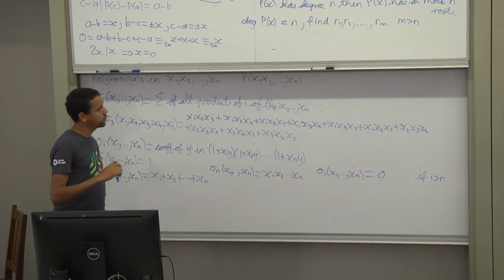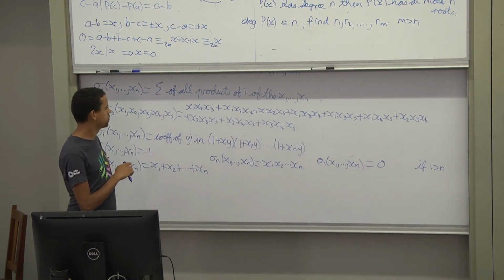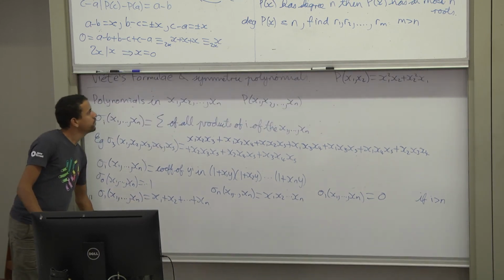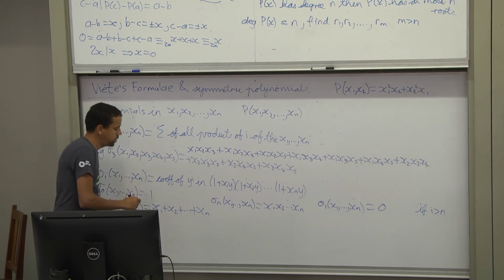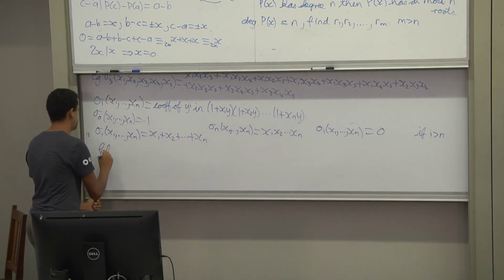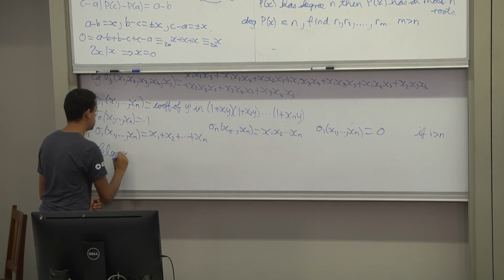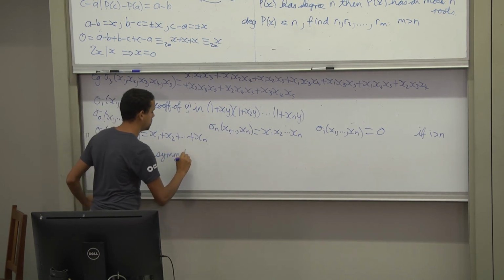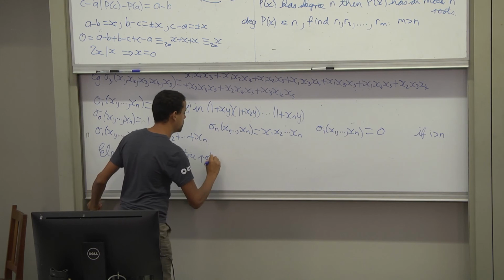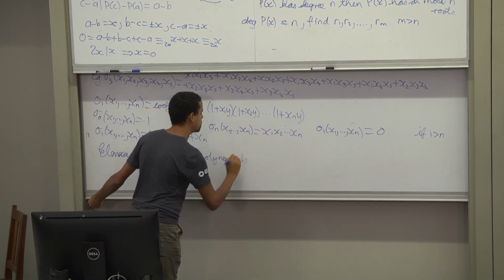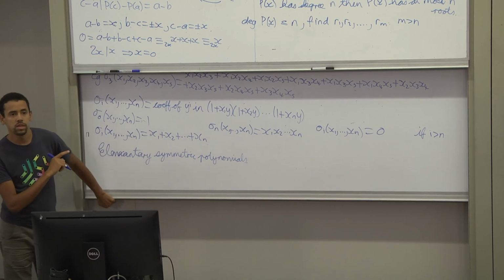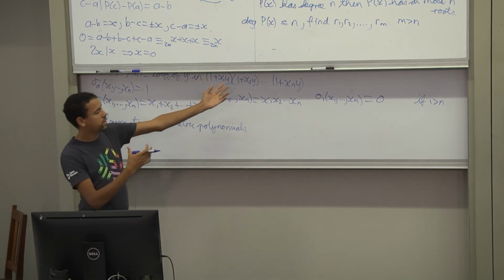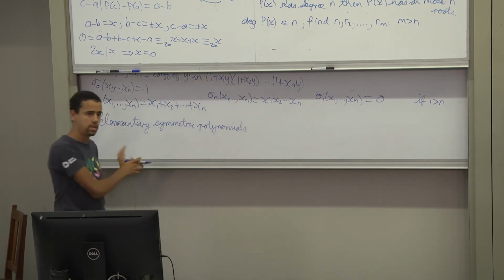Okay, so these are the elementary symmetric polynomials. Now, why these are called the elementary ones is because any other symmetric polynomial can be written in terms of these ones.